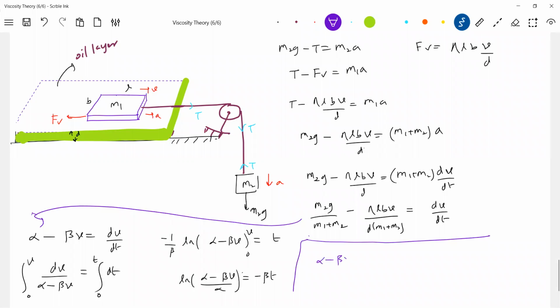So (alpha minus beta v) by alpha equal to e to the power of minus beta t. So this will become alpha into v is equal to alpha by beta... So this is the expression for the velocity of the blocks at any time t.